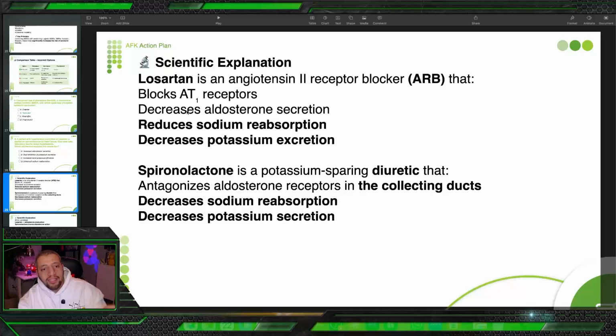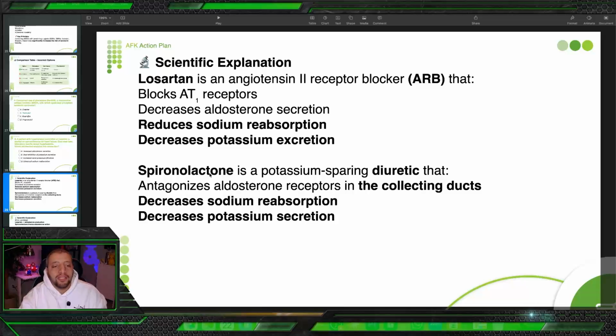When it blocks, it decreases the aldosterone secretion, which also reduces sodium reabsorption from the kidney and decreases potassium excretion. So we are going to increase the potassium inside the patient's body. So read it carefully. Decrease potassium excretion. Potassium, instead of going out from the nephron and the collecting duct, is staying inside the kidney and inside the bloodstream.